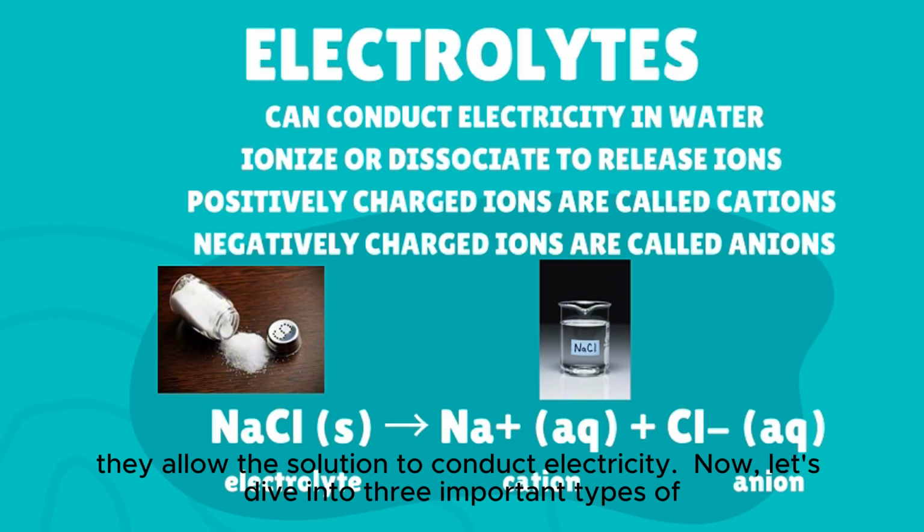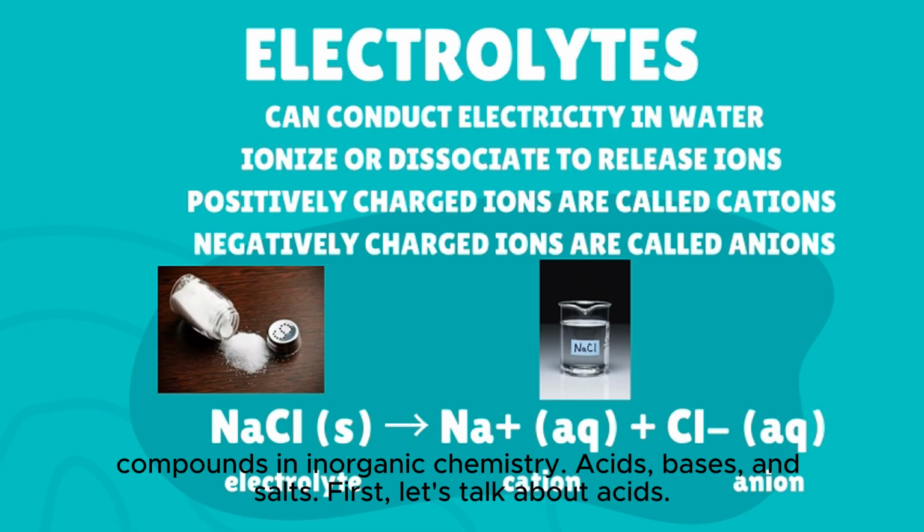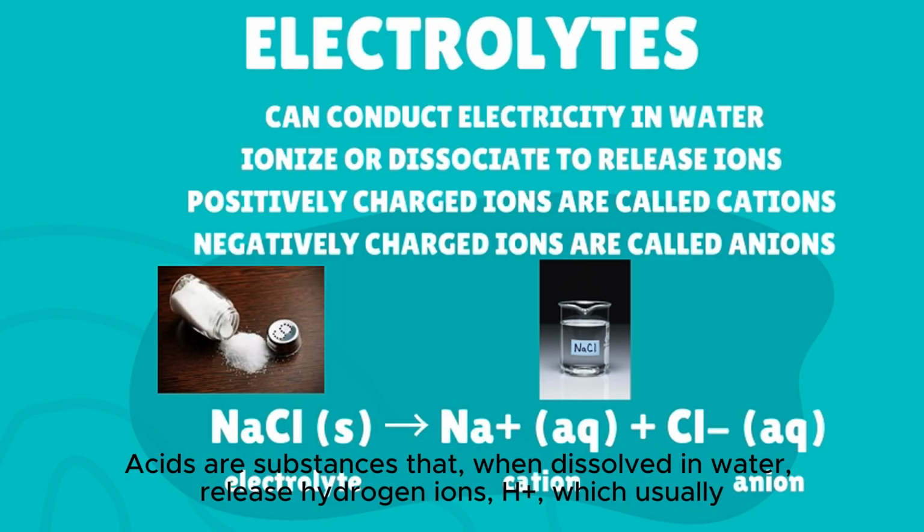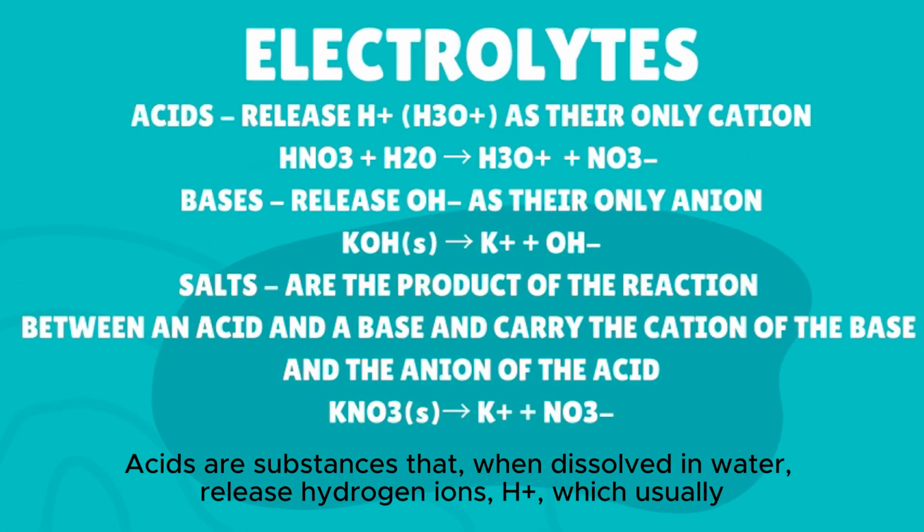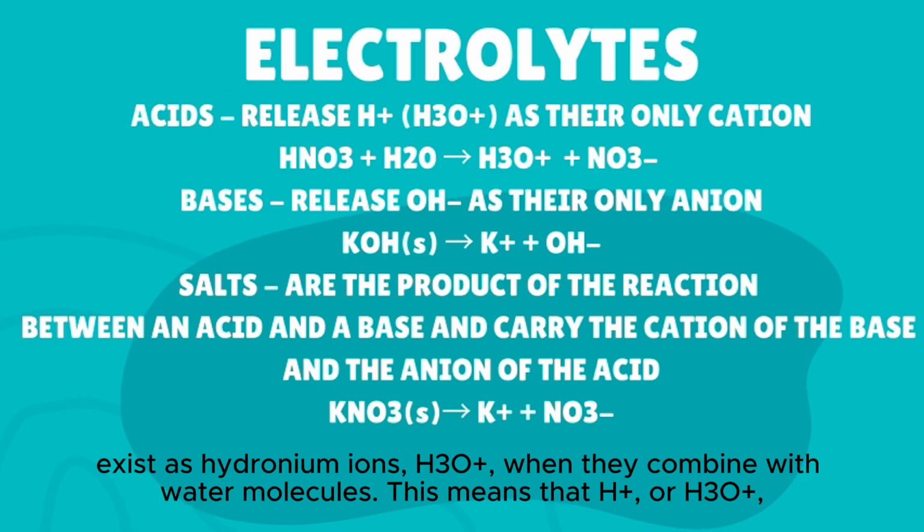Now, let's dive into three important types of compounds in inorganic chemistry: acids, bases, and salts. First, let's talk about acids. Acids are substances that, when dissolved in water, release hydrogen ions H+, which usually exist as hydronium ions H3O+, when they combine with water molecules.